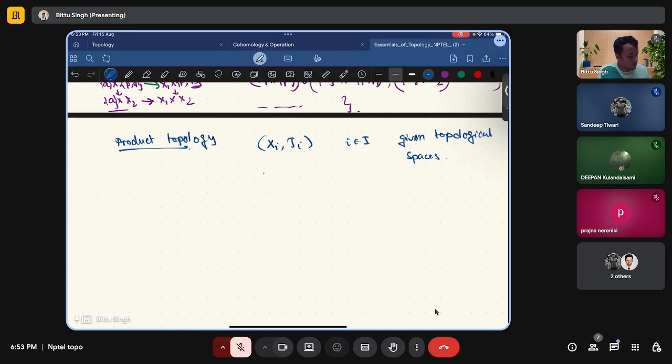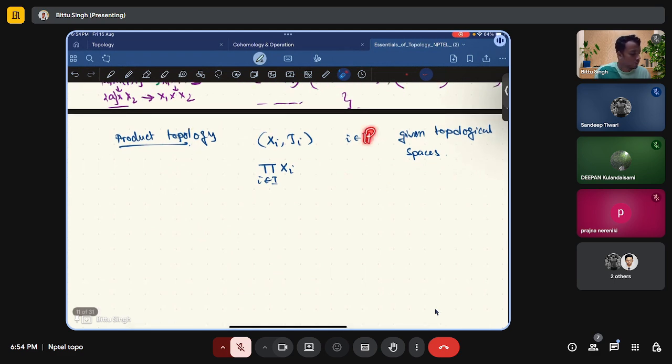Again we can take the Cartesian product of these spaces. I can be some infinite set. So the product of Xi will look like X1 cross X2 cross X3, and it goes to infinity. But I can also be the real numbers, right? Then we cannot write in a sequence like this.